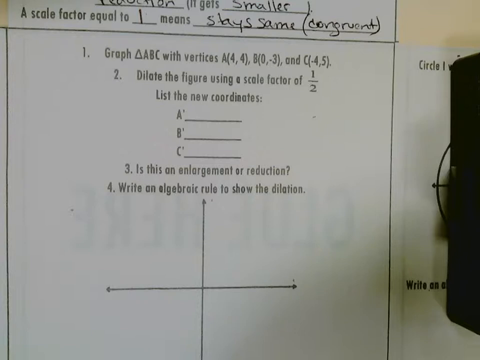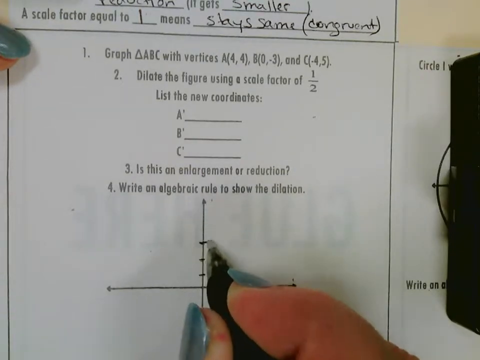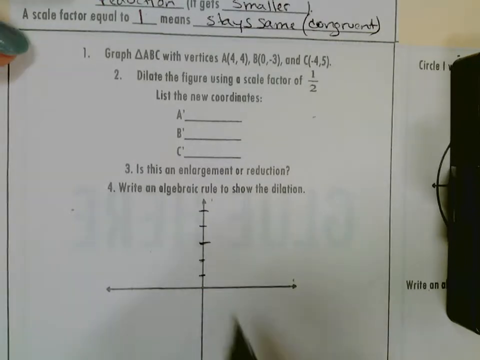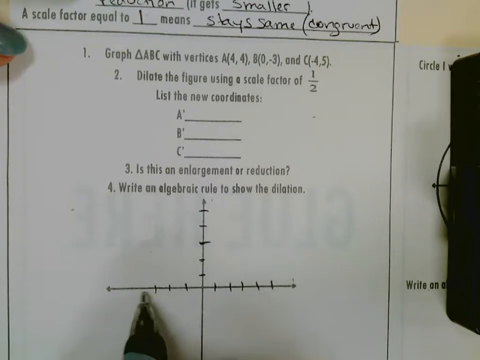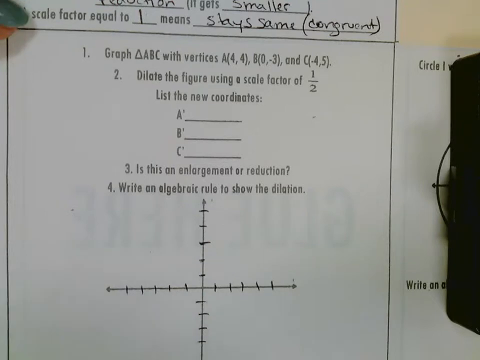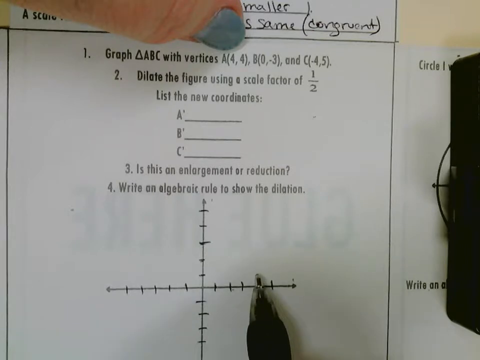You can kind of see the lines faintly. If you don't have the lines, make little tick marks like this. You don't have to put numbers.